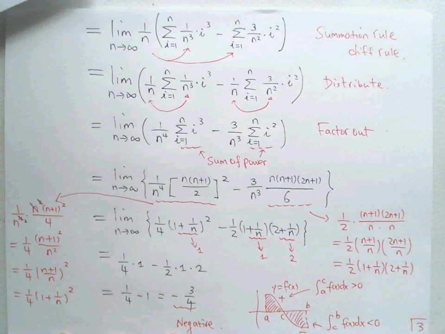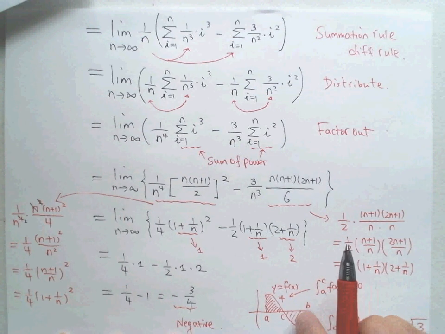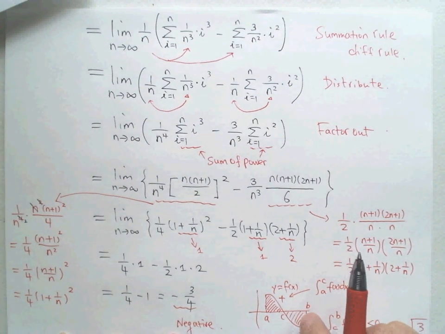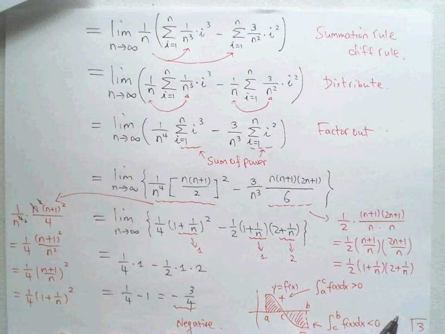Go beyond the x-axis, this is less than 0, the definite integral. Why? Because we use the definition, remember? So the height goes negative. f(xi) times delta x. Delta x is positive. f at xi, the height is negative. The value of the function is negative.